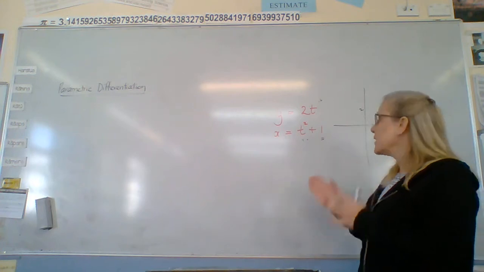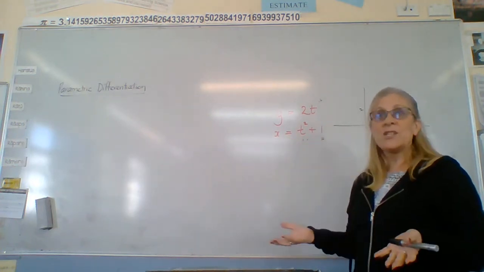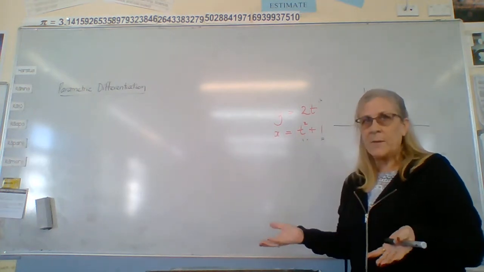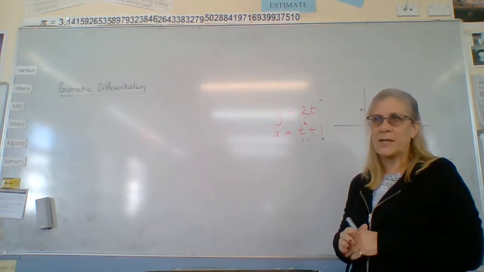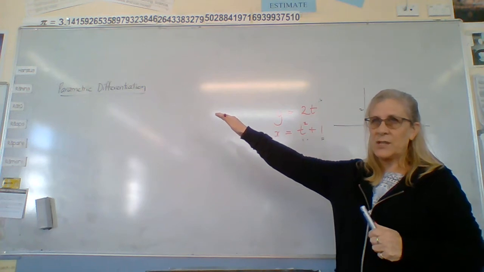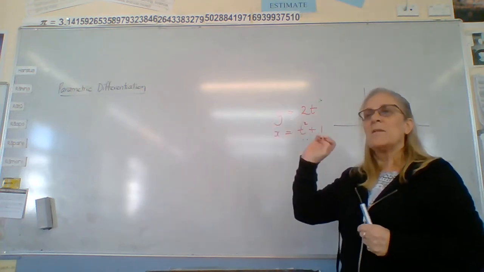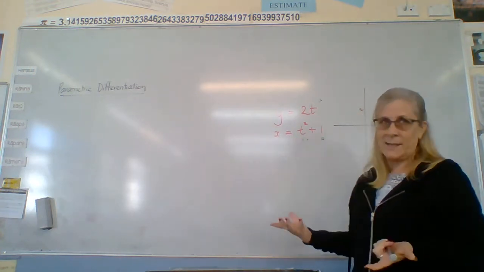Okay? So given that we have equations like this, we can actually just treat them as though they're any line. But what we have to do is differentiate them parametrically. All right? Parametric equations, parametric differentiation. And what we do is instead of differentiating dy by the x coordinate, dx, we do it by t.